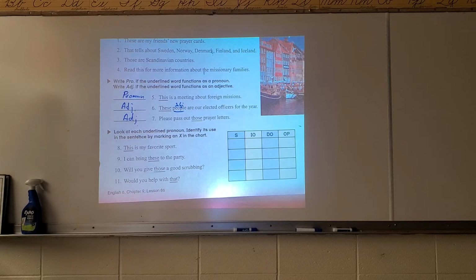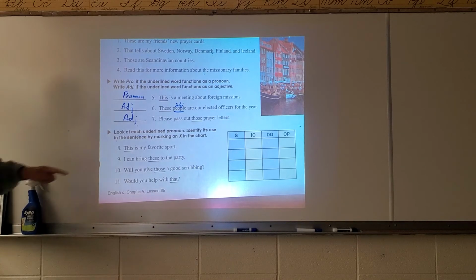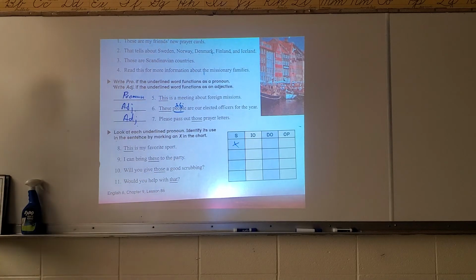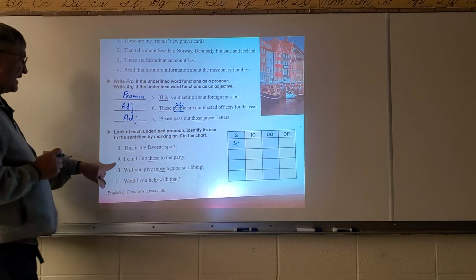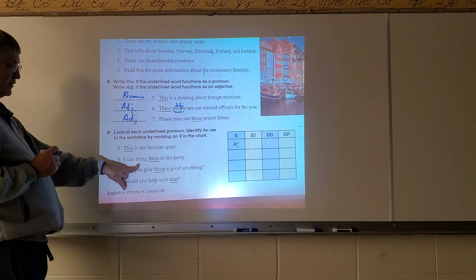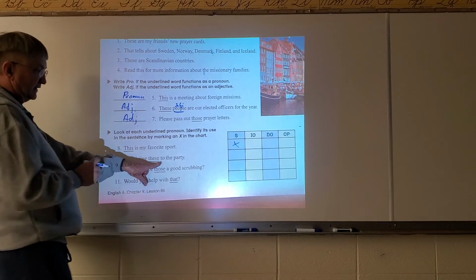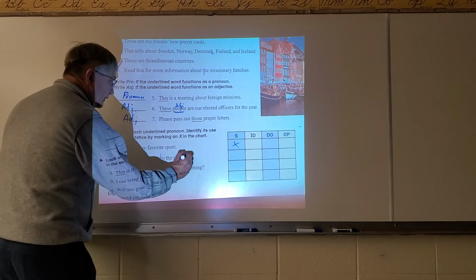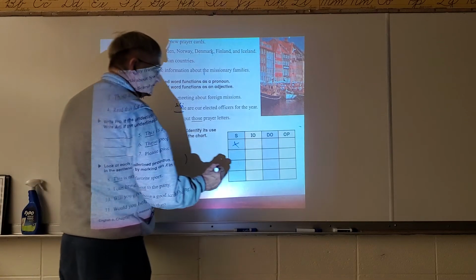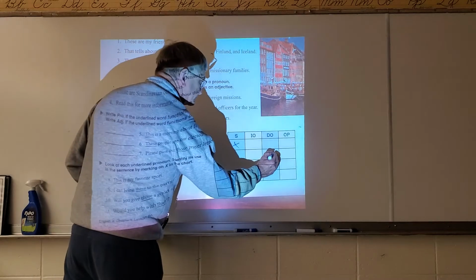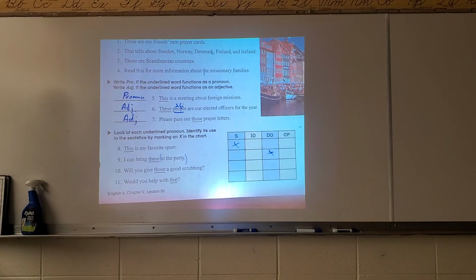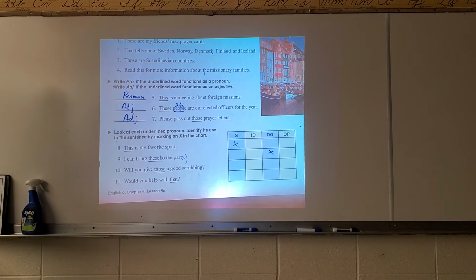So we have this, subject. All right, I can bring these to the party. I, subject, can bring what they can bring, these. To the party is a prepositional phrase, so that's a separate deal. These is going to be a direct object.